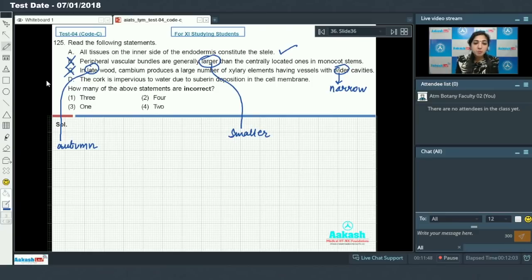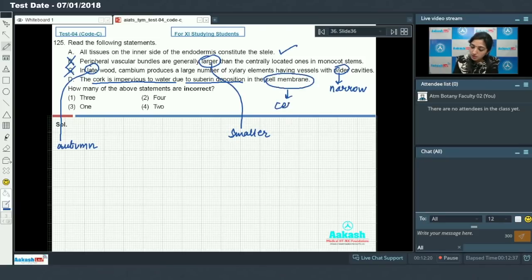Statement D states that the cork is impervious to water due to suberin deposition in the cell membrane. This is true कि cork is impervious to water due to suberin deposition. But this is not in the cell membrane.